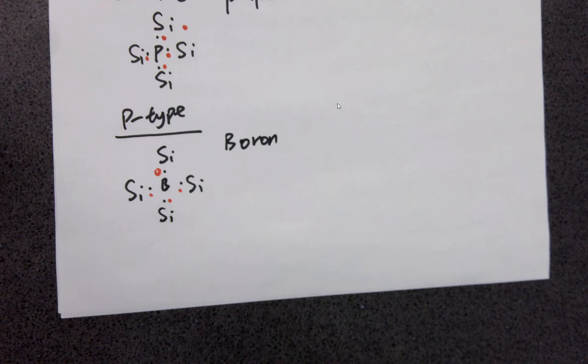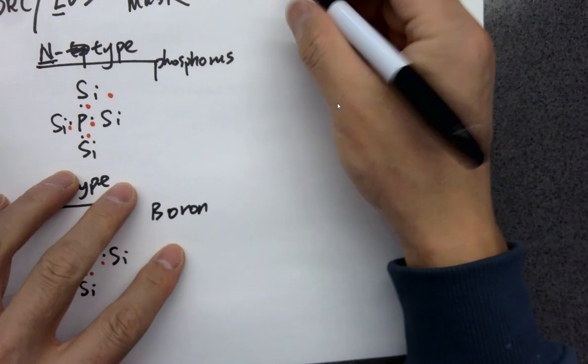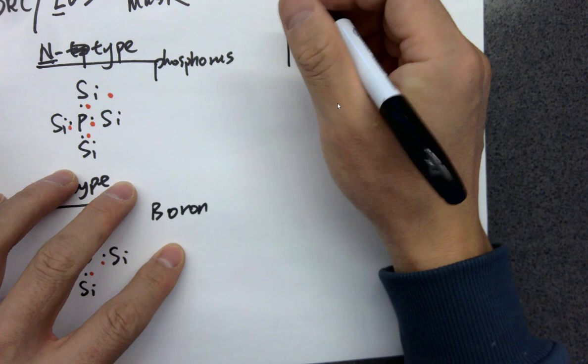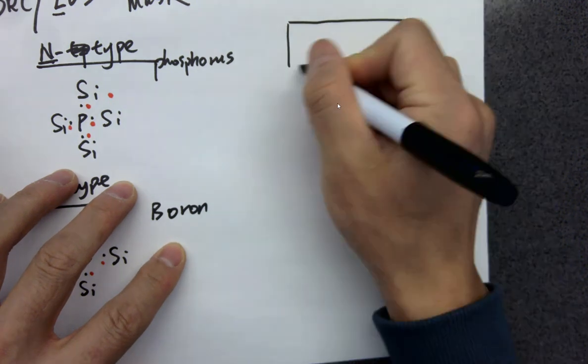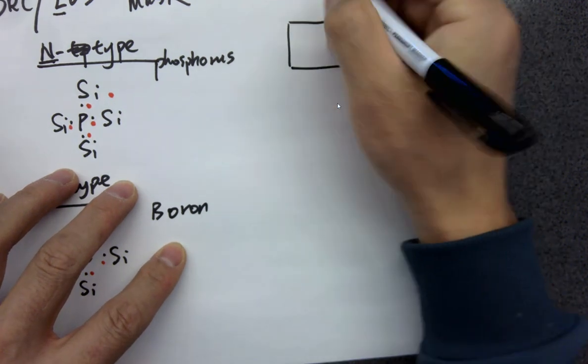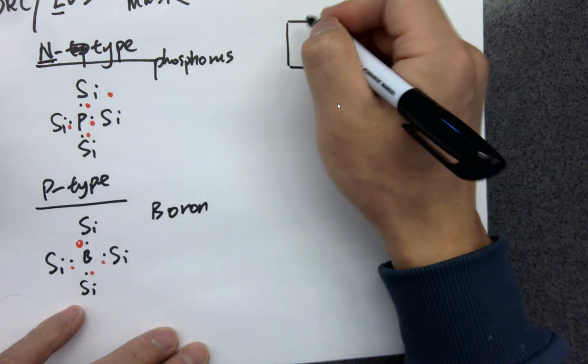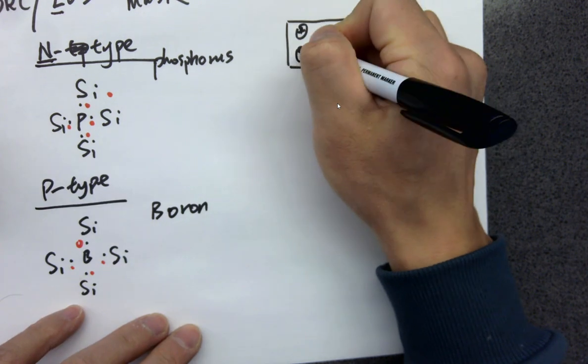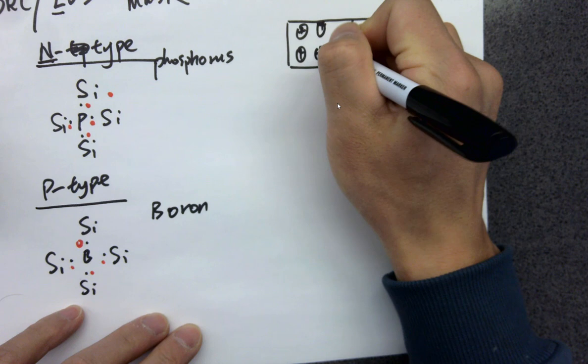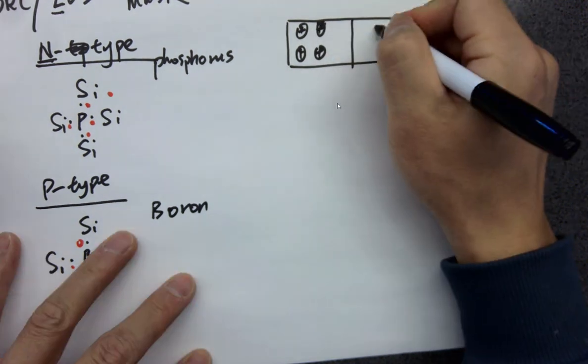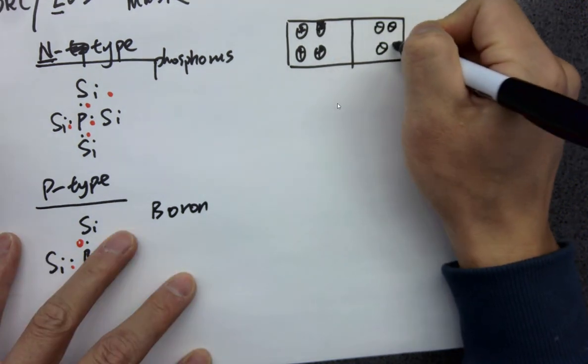You're right. Yes. And then if you put a P-type and N-type material together to form a p-n junction, P-type has free holes, and N-type has free electrons.